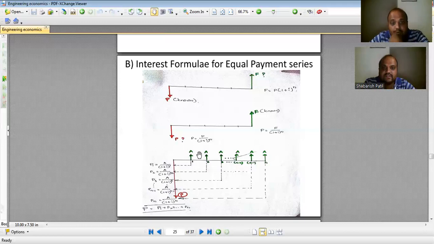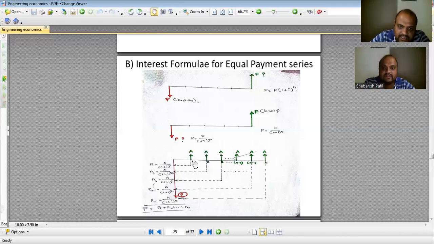So now what we know is the annuity value A. We are deriving an expression between the P and the A value here. Let us forget about all this and only come to the first year.